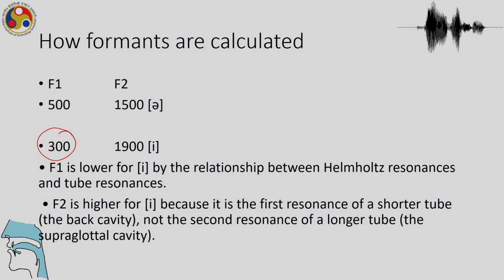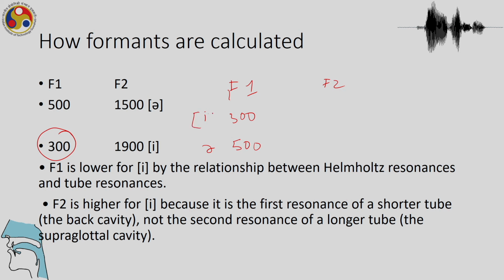I beg your pardon, there's a mistake here. F1 for E is 300 Hertz, and F1 for schwa, as we already know, is 500 Hertz.